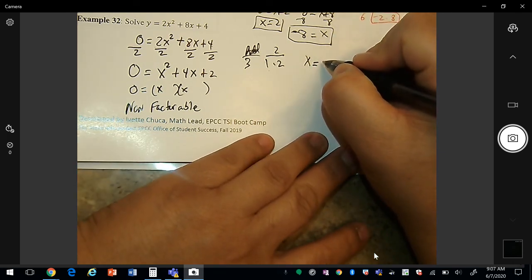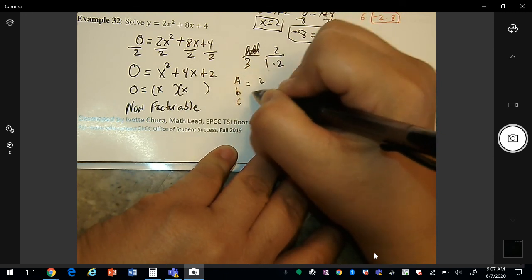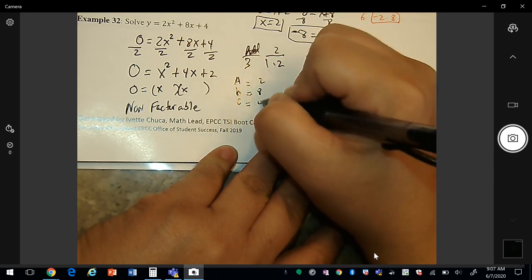So I'm going to have negative b. Let's write them here. a is 2, b is 8, and c is 4.